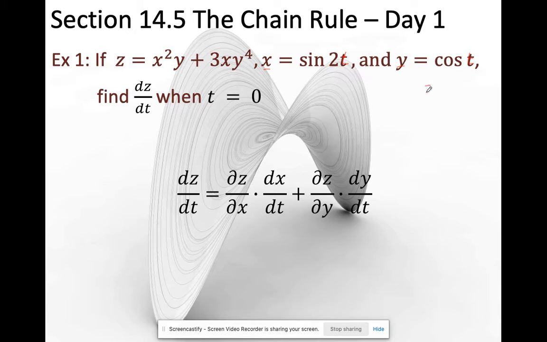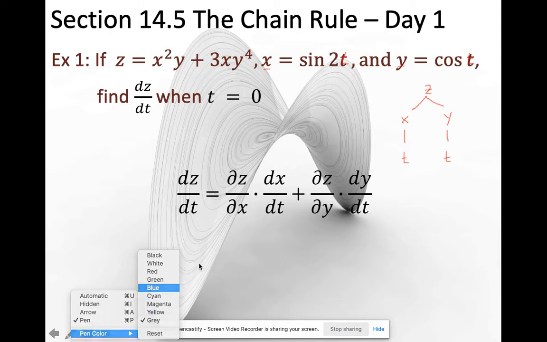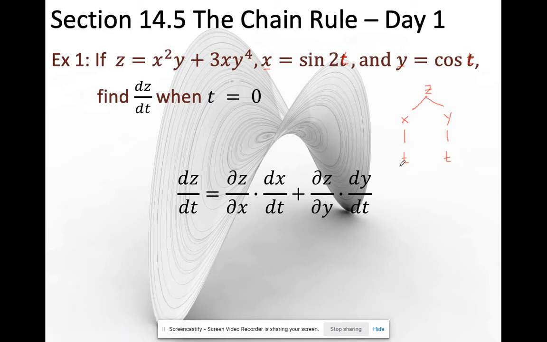So I'm going to draw a little picture here. I'm going to say z is defined in terms of x and y, but x is defined only in terms of t, and y is defined only in terms of t. So look at what this tree diagram is telling me to do. Since I want dz dt, you're going to have a sum of derivatives.